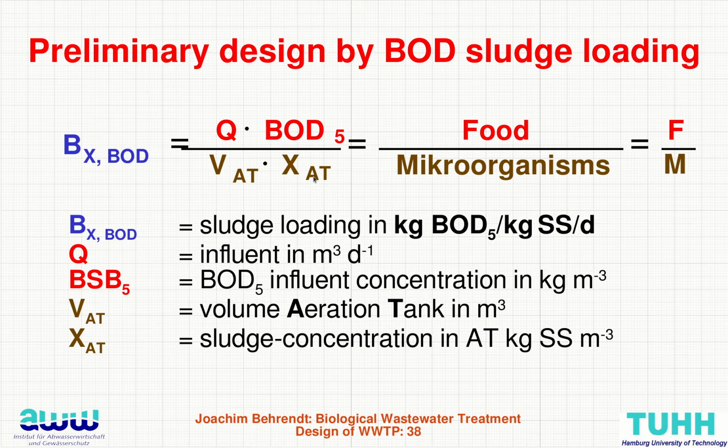Also finally, the idea is the food to biomass ratio, and this is mainly done based on BOD5. Also finally, the BOD5 load is put in respect of the volume and biomass in the aeration tanks. Also this is the sludge loading rate in kilogram BOD per kilogram suspended solids and day.